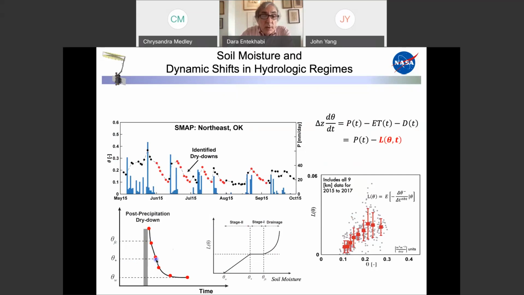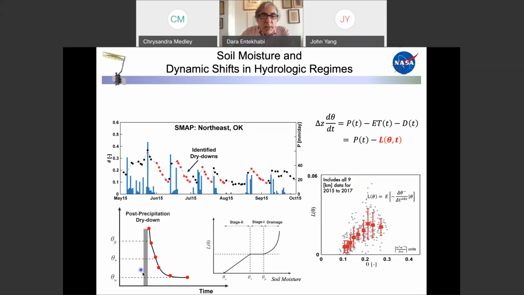Now soil moisture exerts control on the loss rate, and the drier it gets, the more control it exerts with basically capillary and hygroscopic storage of water in the soil. And its reduction rate becomes slower and slower.